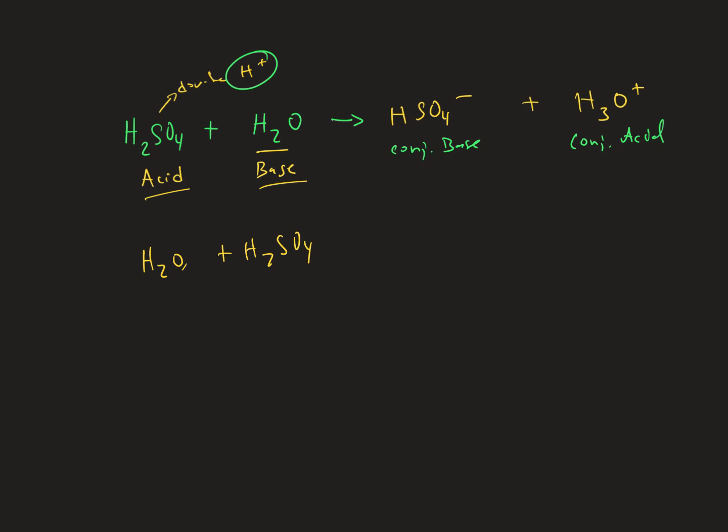That means it has to be negative, because it was neutral. Good? That's why H3O plus gains the plus, because it gained one H plus. It didn't lose electrons necessarily, it gained an H plus. It was neutral, and now it gained a positive charge, so it's positively charged. Good? Anything else?